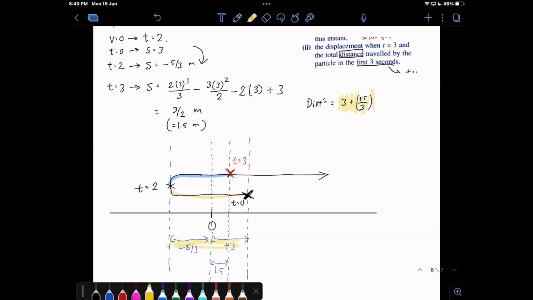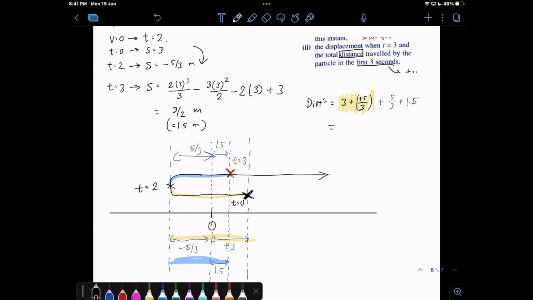This part here. Then what's the blue part? This part here. 1.5 minus 5/3, which is plus 5/3. Yeah, so just 5/3 plus 1.5. Oh, just use the diagram, right? This part is 5/3, this part is 1.5. Okay?